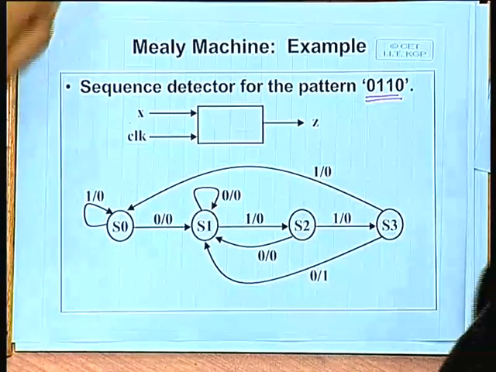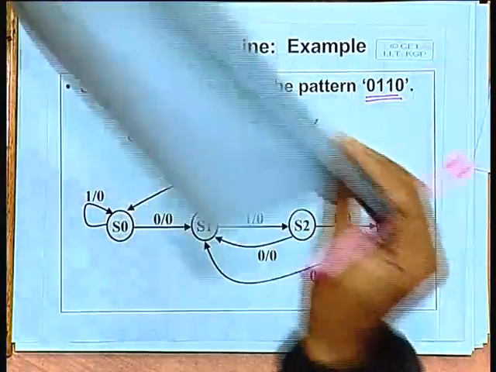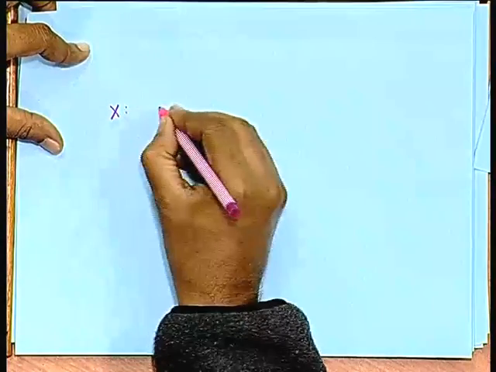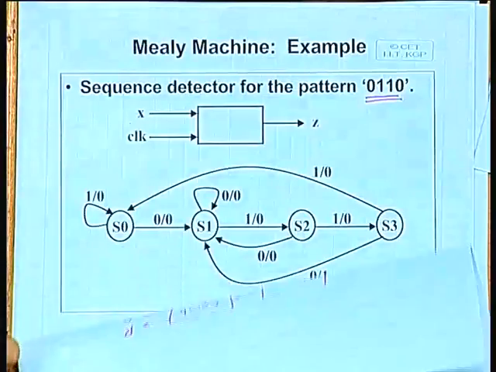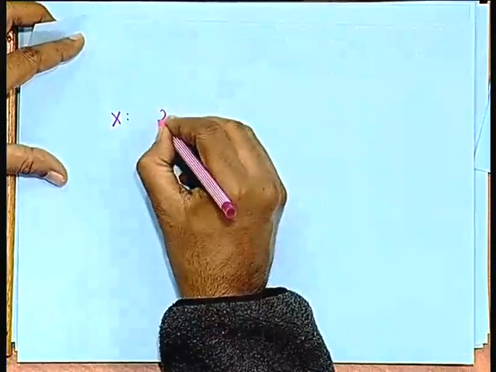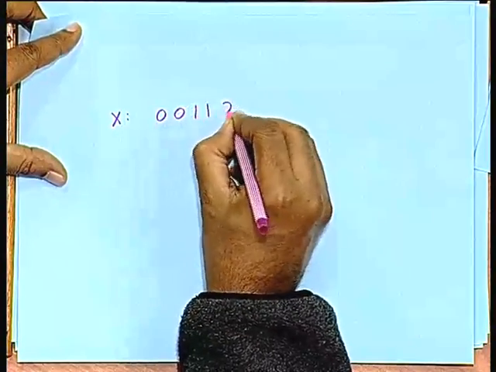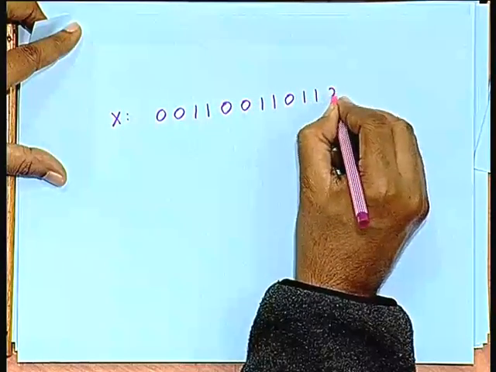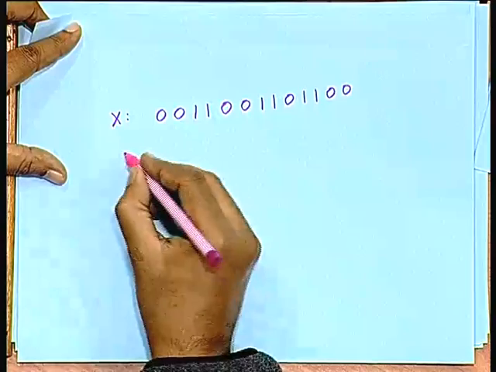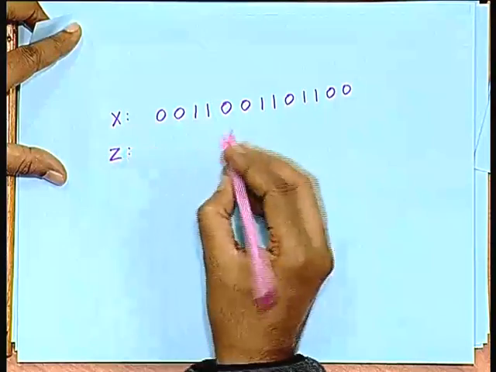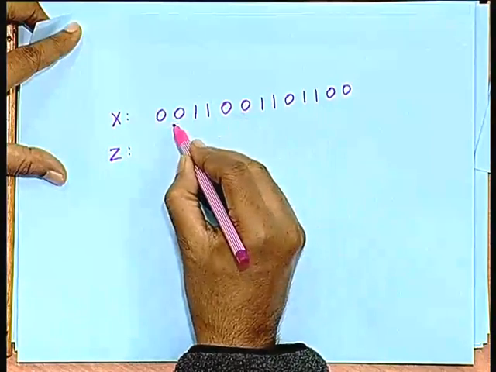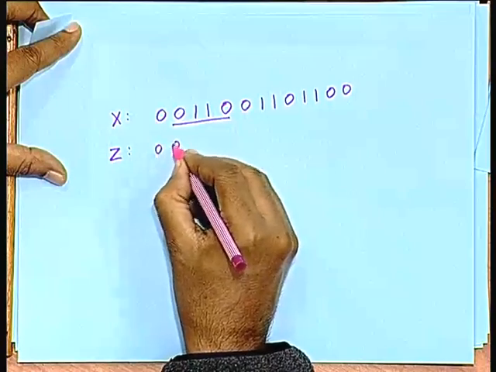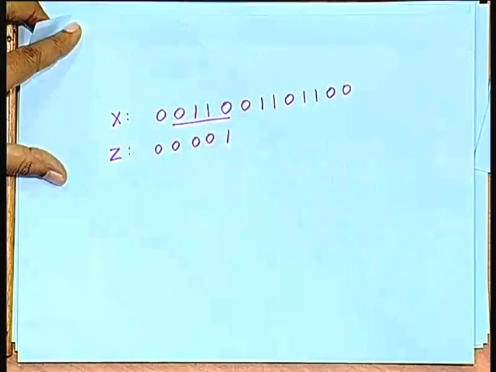Now, what I really want is that, suppose, I am writing from left to right for convenience, I want to detect 0 1 1 0. Suppose I have a pattern 0 0 1 1 0 0 1 1 0 1 1 0 0. The output z will detect the first 0 1 1 0 pattern here, so the output will become 1 here.